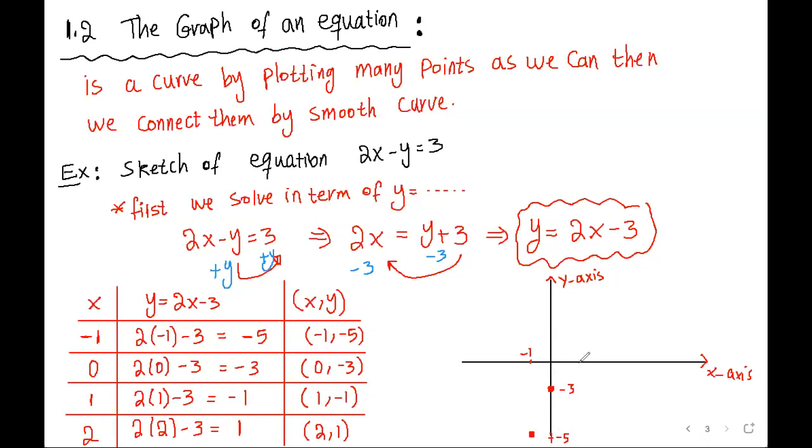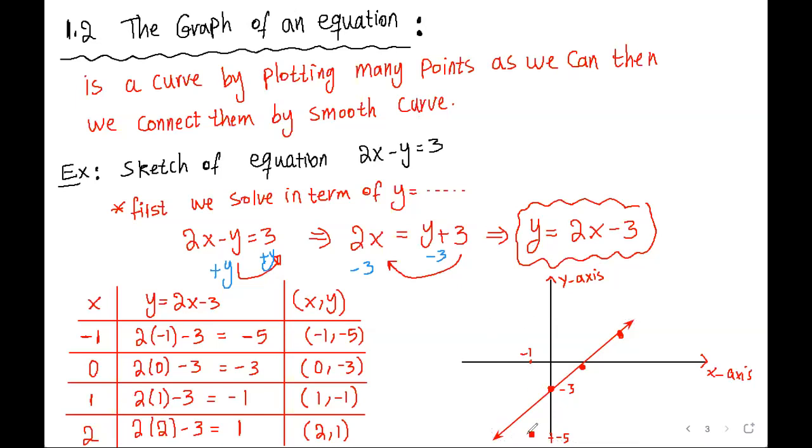And 2 and 1. This is 2 and 1 here. So now we draw a curve that passes through all these points. It's going to be like this, close to this. It will be like a line.